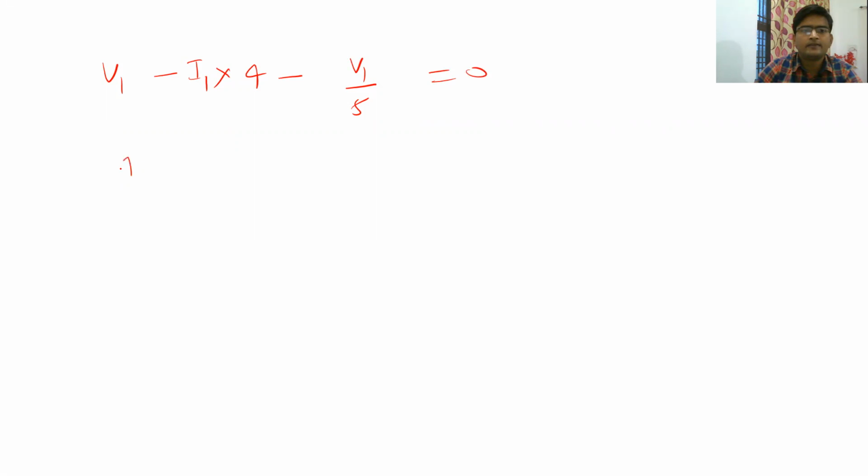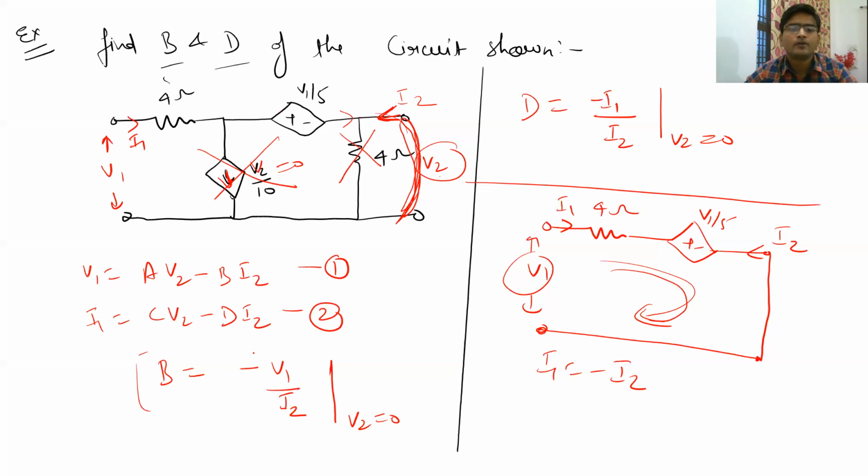So all we will get is 4 V1 upon 5 equal to 4 I1. 4 will be cancelled out. So we will get V1 upon I1 is equal to 5. But you have to calculate V1 upon minus I2.